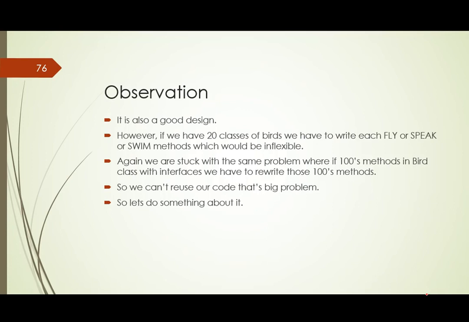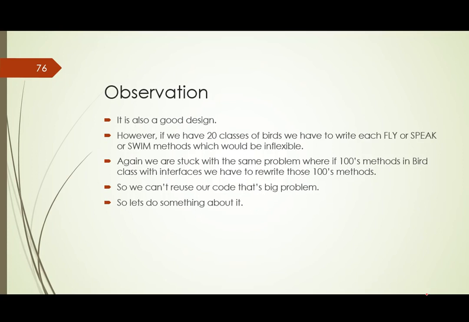The problem with this design is that if you have 100 or 20 classes, then you have to write the same methods every time, which is also a very wet solution. You're writing the same type of code again and again, which may seem very good, but is very tedious. So again, we're stuck with the problem of 100 methods.